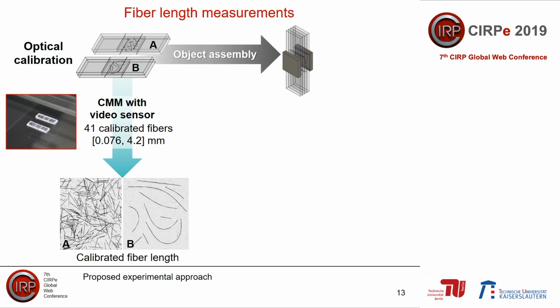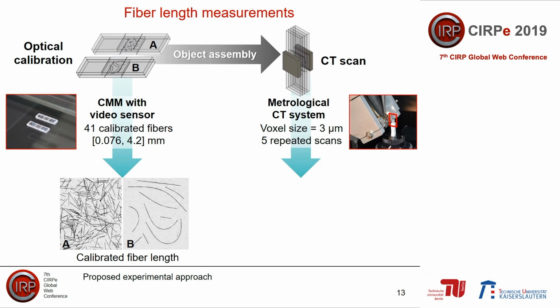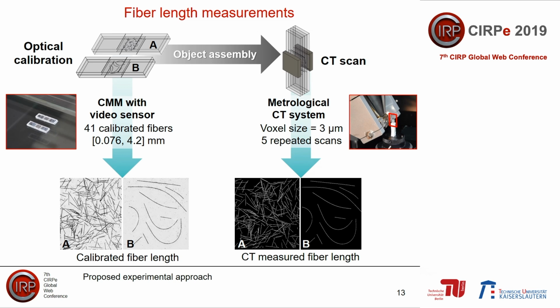A metrological CT system was used to scan the assembled reference object. In particular, 5 repeated scans of the object were conducted. The length of the calibrated fibers arranged in subsamples A and B was measured on the CT reconstructed models, and results were then compared with the corresponding calibrated values.